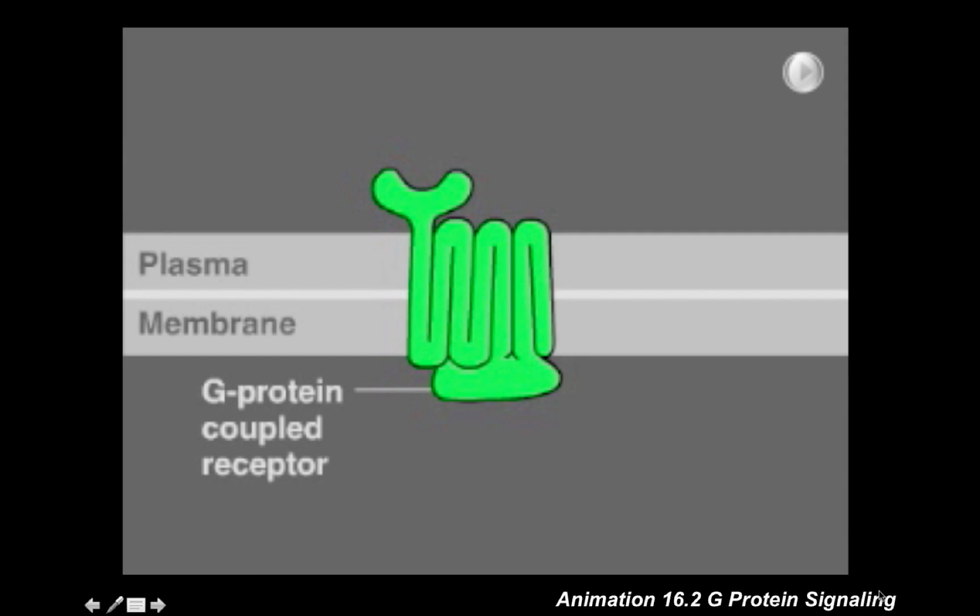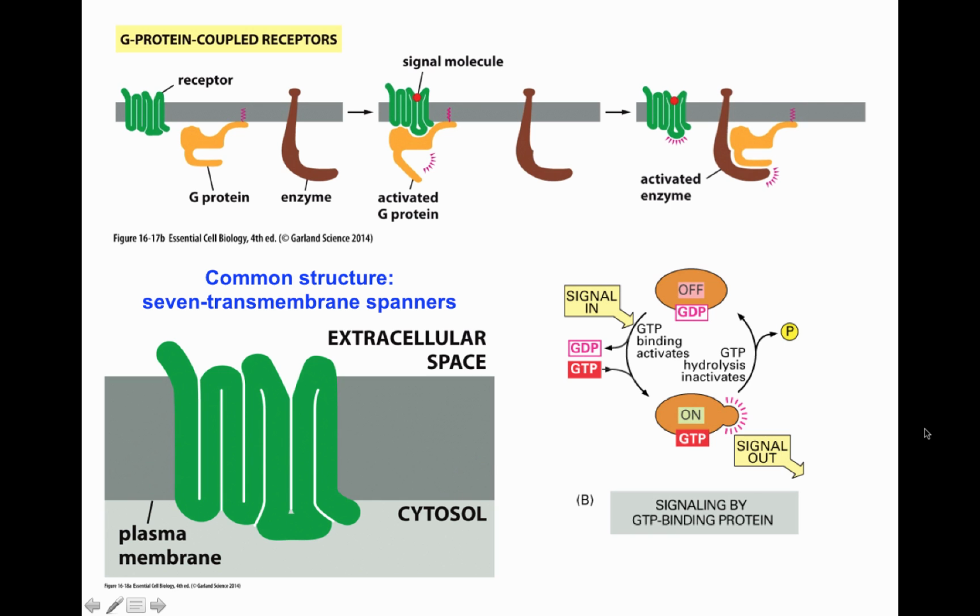Okay, let's take a look at this in a little bit more detail. So now, what we have over here is a G-protein coupled receptor. As I mentioned, a 7 transmembrane protein, and we also have the G-protein, and downstream of that G-protein we may have an enzyme, for example, adenylyl cyclase.